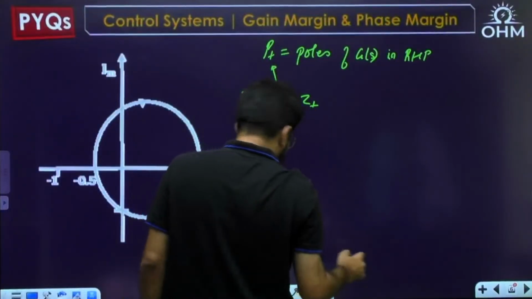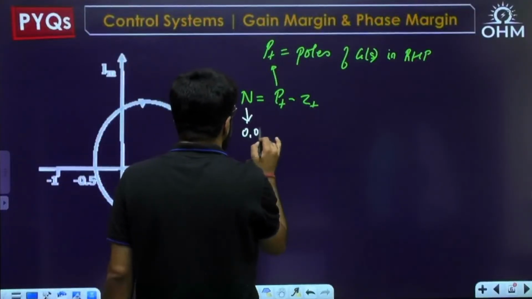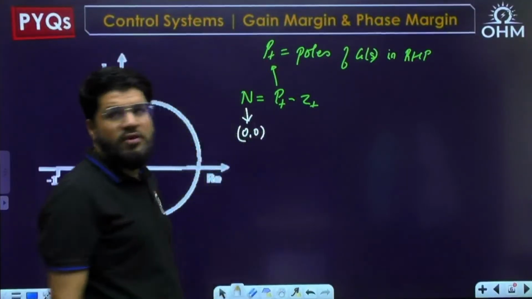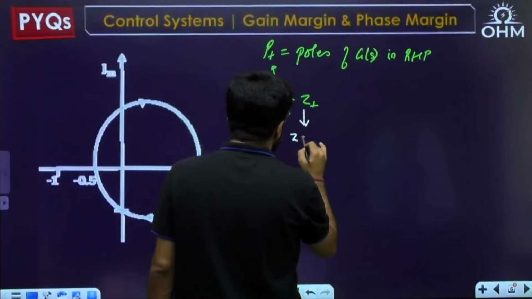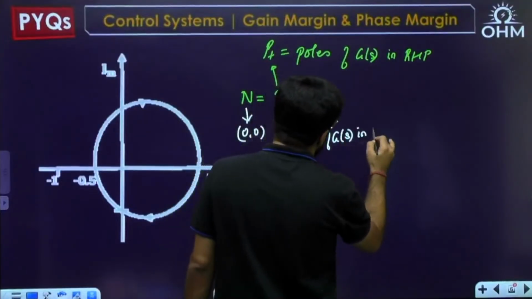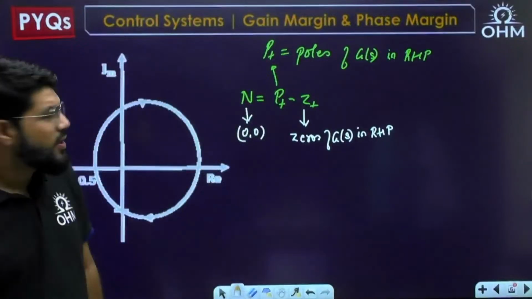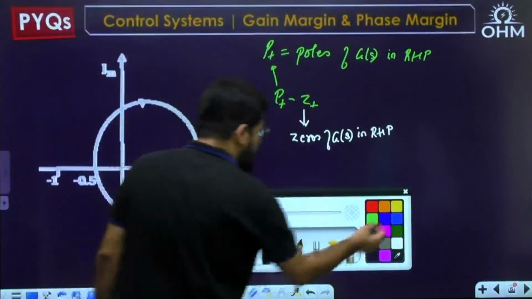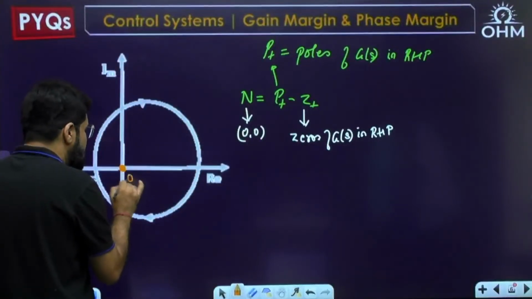Whenever you talk about the encirclements of 0, 0, then Z plus is known as the zeros of G(s) in the RHP. That is what we discussed in detail in the last class. So if you talk about the encirclement of the origin, see, this is the origin, the actual origin, 0, 0.